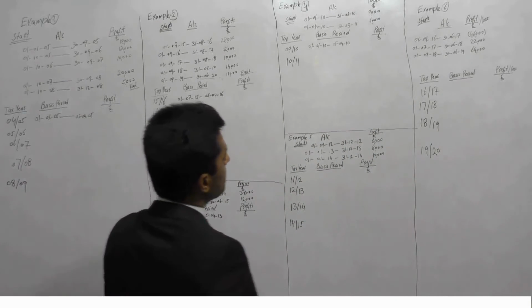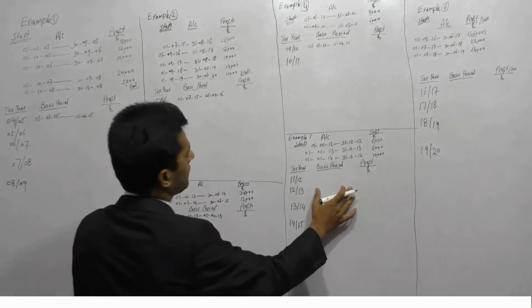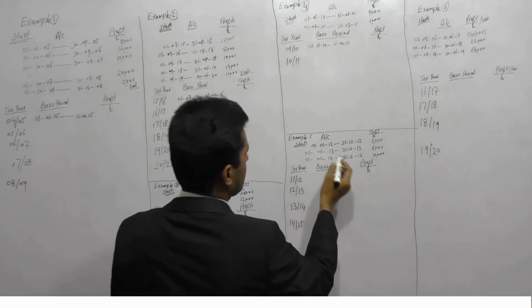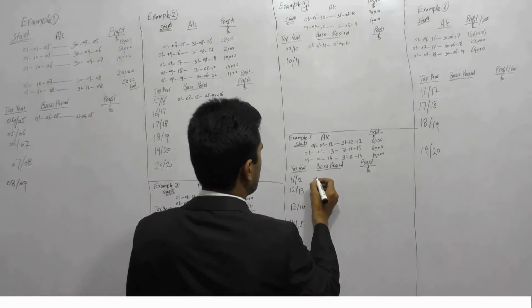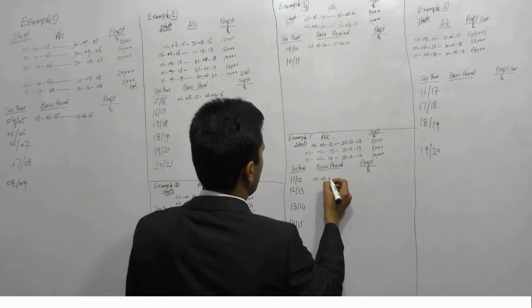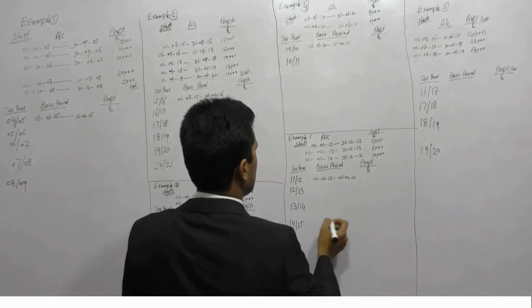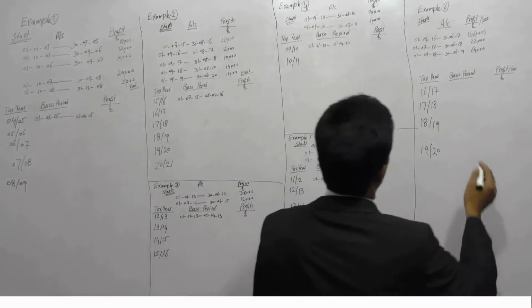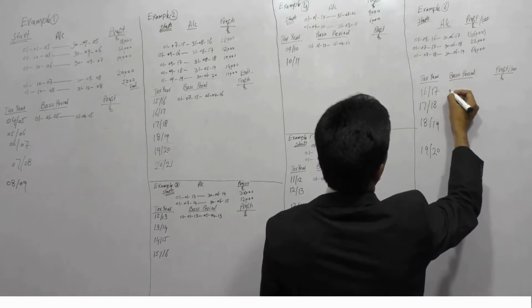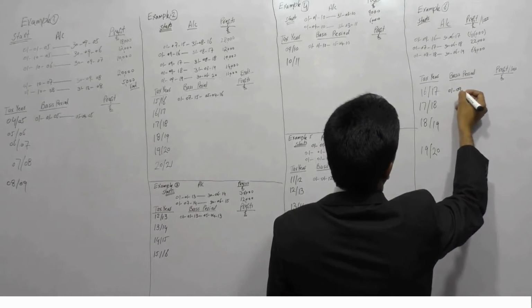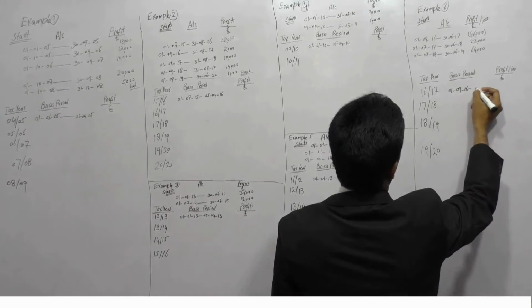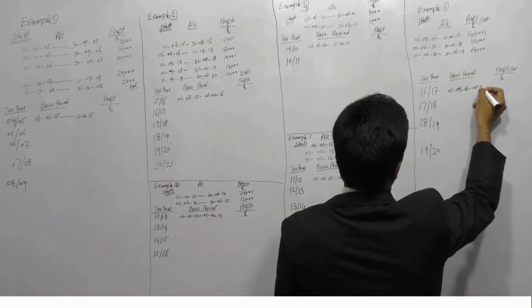Let's do the next one as well, example number 5. It started its trade on 1st of January 2012 to 5th of April 2012. Likewise, we can do the 6th one as well. It started its trade on 1st of September 2016 up until 5th of April 2017.